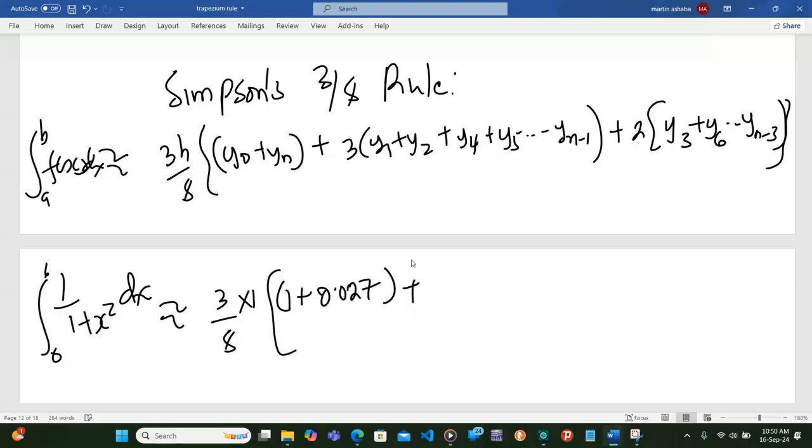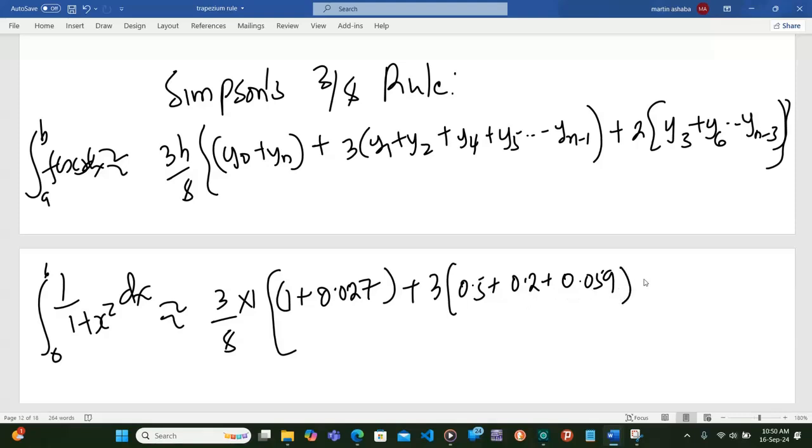Then we are going to add 3 into y1, so y1 is 0.5, y2 is 0.2, y4 is 0.059, and that's all.